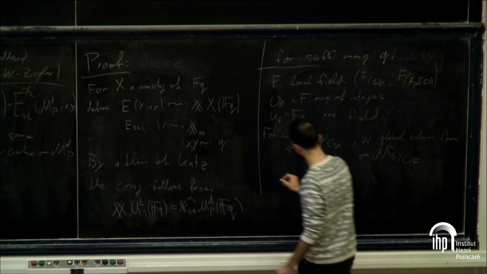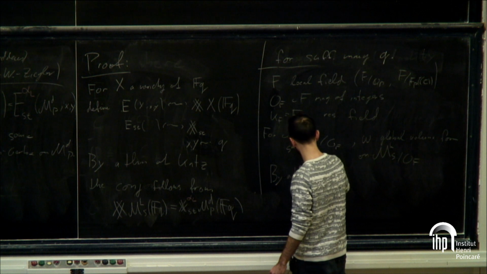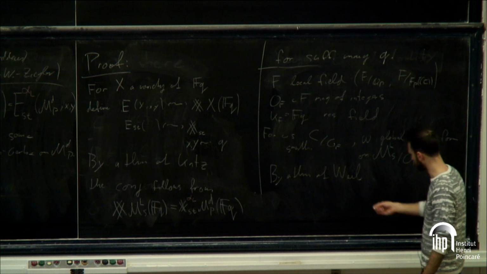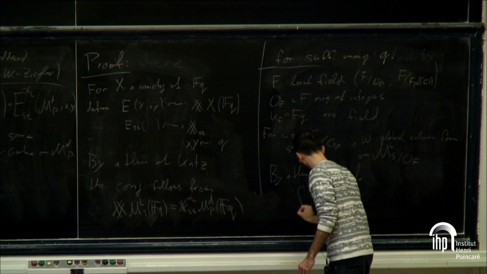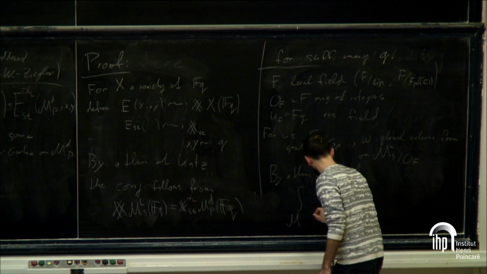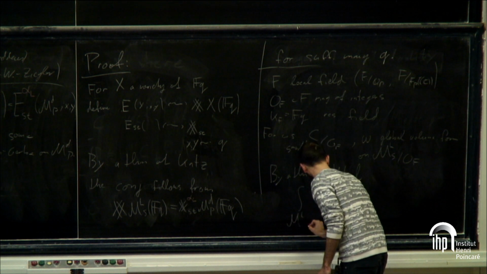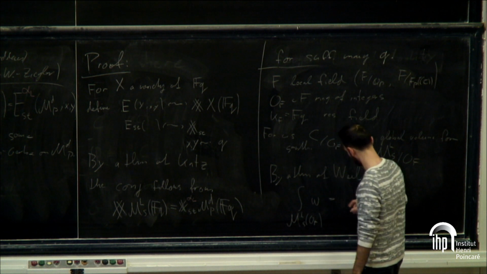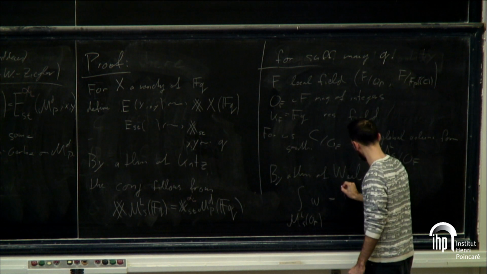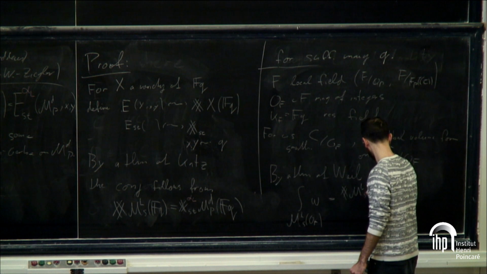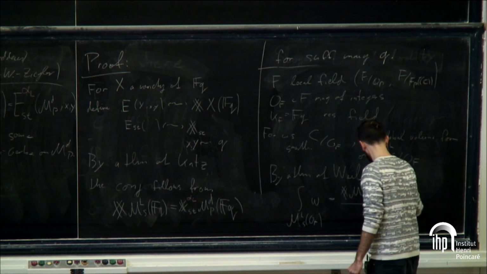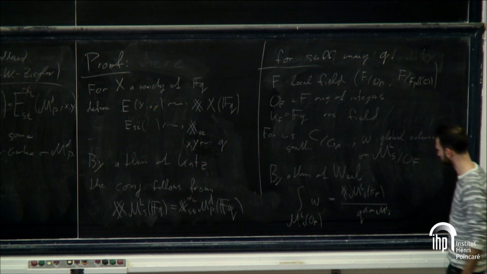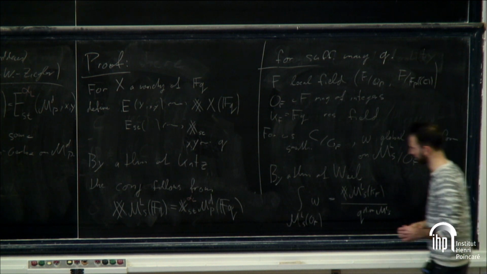And then by a theorem of Weil, which is really very fundamental in this whole topic, if I take the p-adic integral of my space S of f over any volume form, then what I get is just the number of points, q to the dimension of, and this is a finite field.